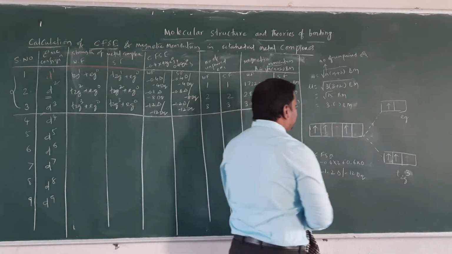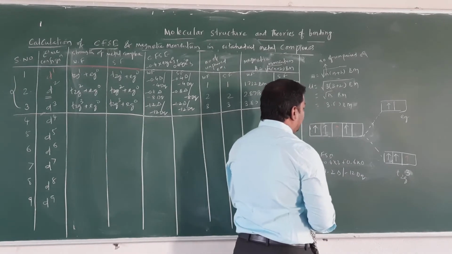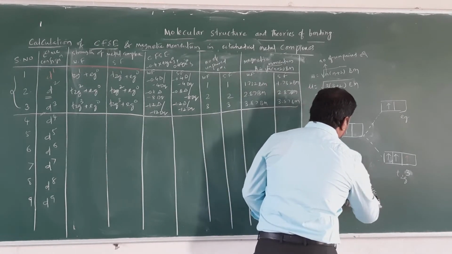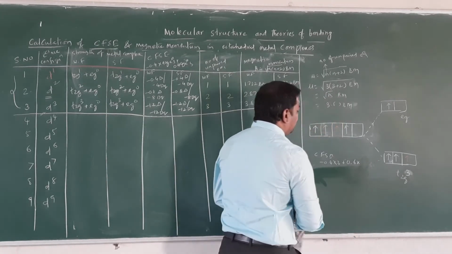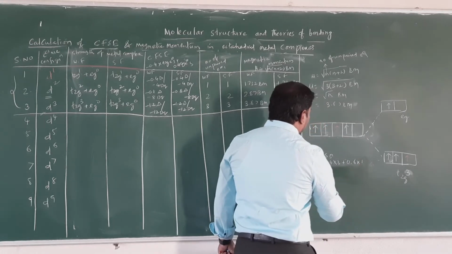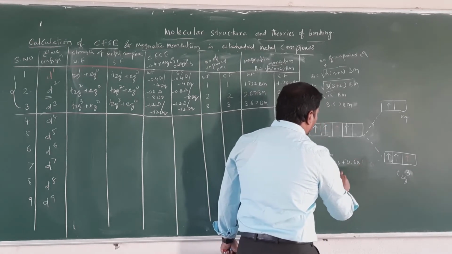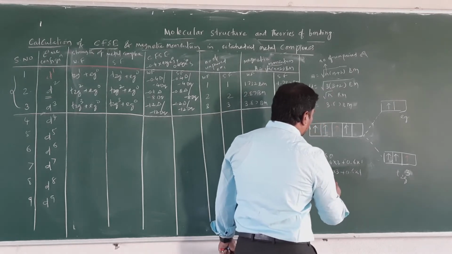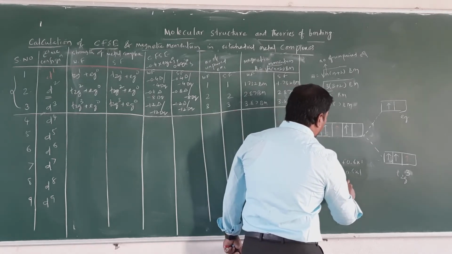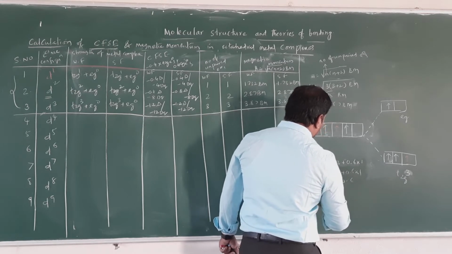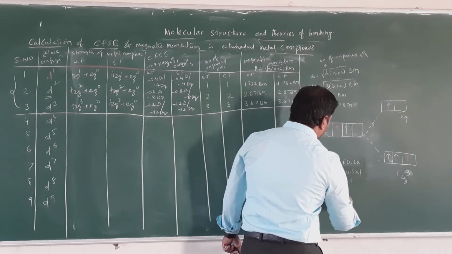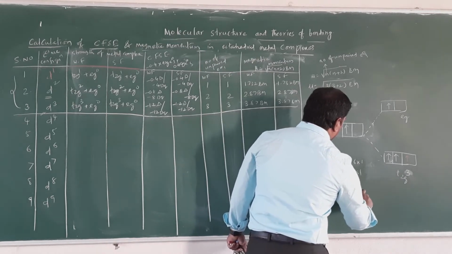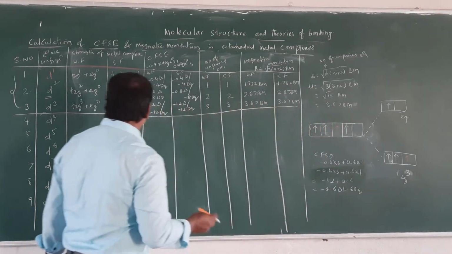So therefore the CFSE for weak field complex is minus 0.4 into 3 plus 0.6 into 1. So that is equal to minus 1.2 plus 0.6, that is equal to minus 0.6 delta or minus 6 dq.